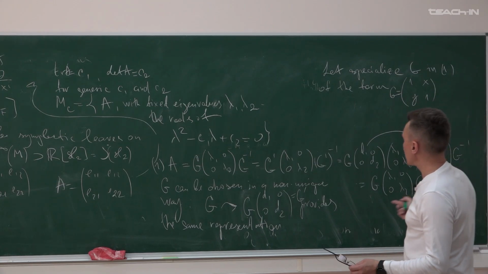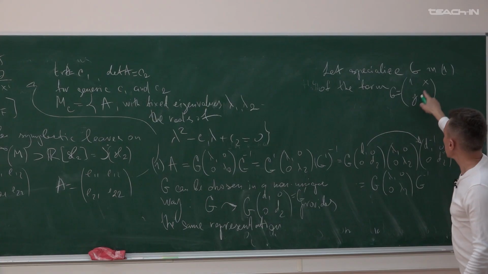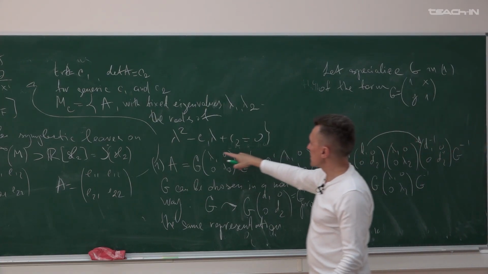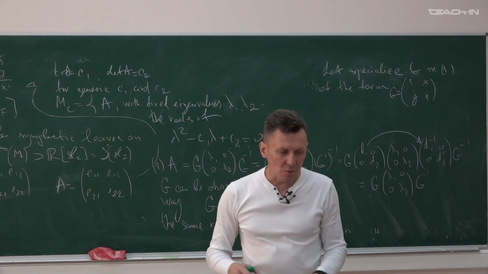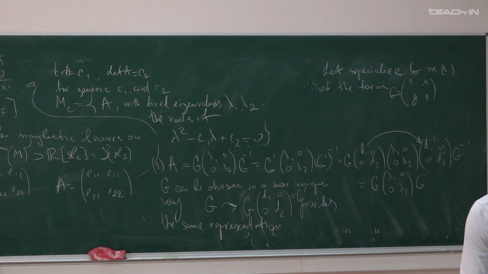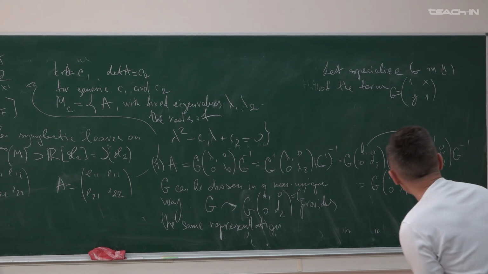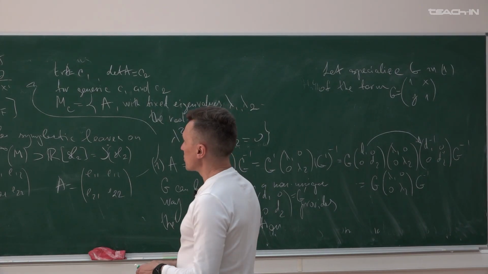Now we should calculate this formula. So I propose coordinates x and y as coordinates on a symplectic leaf. Please do it now. And next we should calculate the Poisson brackets in terms of x and y. Do you understand what to do now?